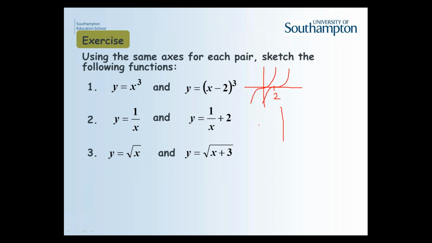And Robert, what about the next one? Yeah, the standard 1 over x, and I've got it just simply going up by 2, so the new asymptote is y equals 2. Yeah, this would show that.